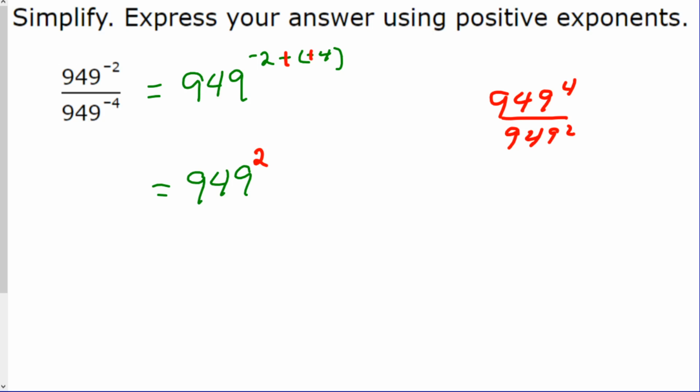So there are always a couple ways to do things. I try to teach the least confusing method, but again, it's not wrong to do it this way. I just wanted to show you that straight up properties are going to help you every time.